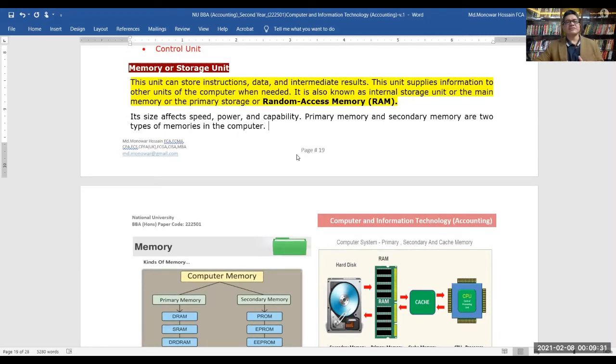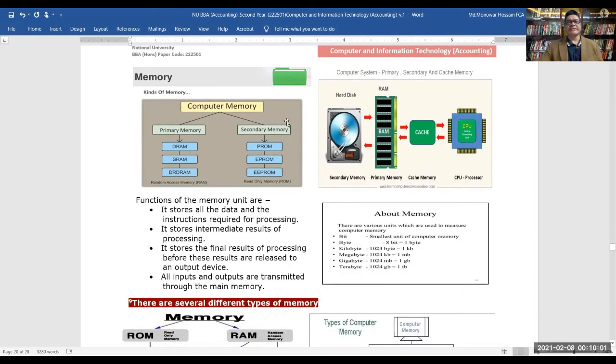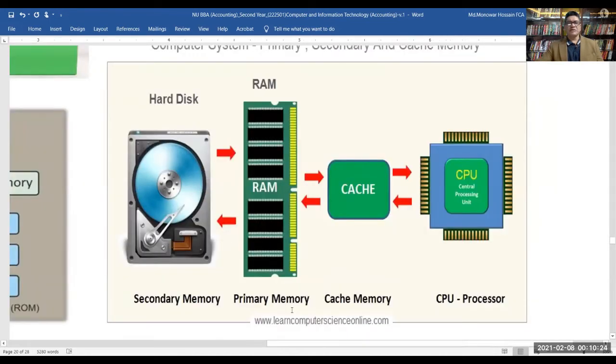Its size affects speed, power, and capability. Primary memory and secondary memory are two types of memory in the computer. Primary memory is RAM, random access memory. Secondary memories, look here: hard disk, cache memory.